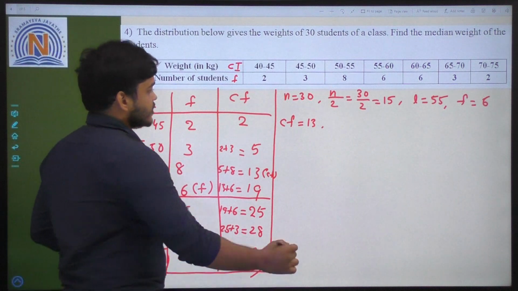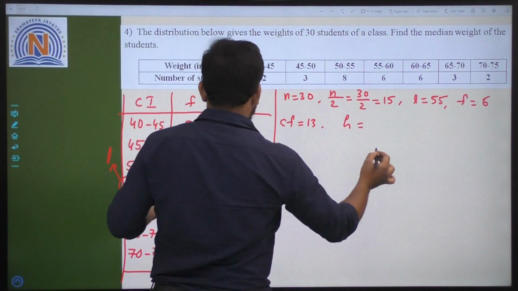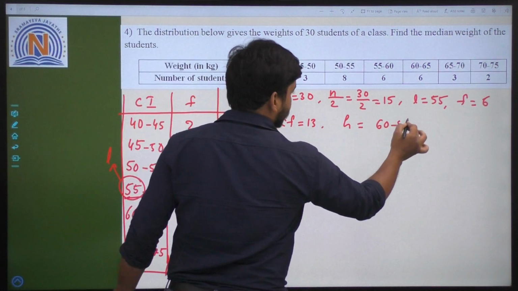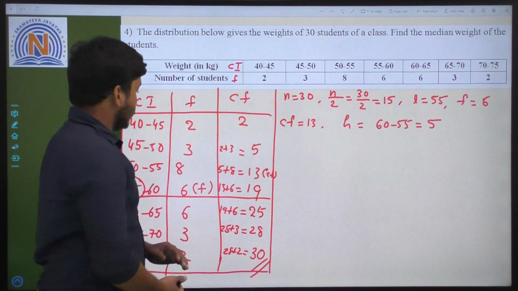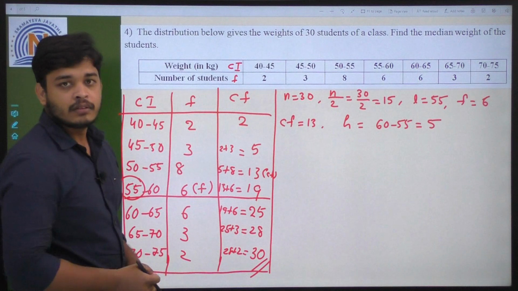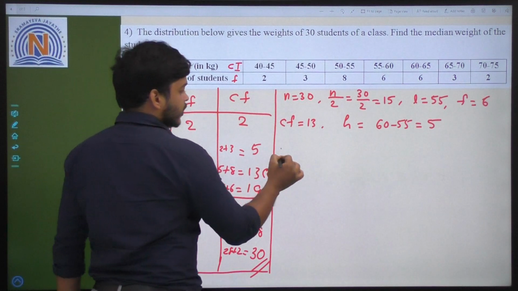And the next one is H. H is equal to 60 minus 55, how much? 5. Right. So now we need to calculate the median. Substitute, write the median formula.